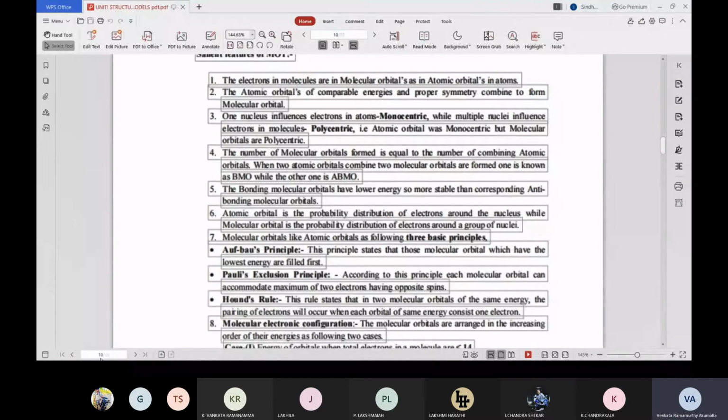First one is the Aufbau principle. The principle states that molecular orbitals which have the lowest energy are filled first. Any electron entering molecular orbitals goes to fill the lower energy orbitals first. That is called the Aufbau principle.